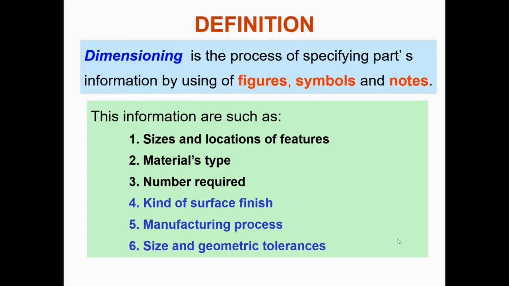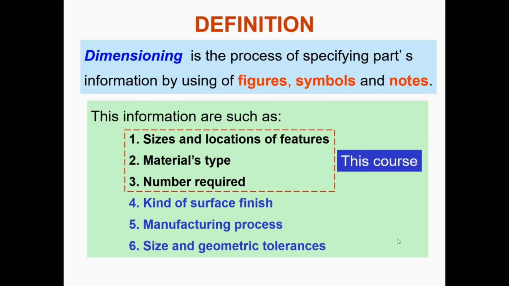We will also look at the material types and the number required. Then, as we advance in engineering drawing, we'll look at the manufacturing process, specifically the geometric tolerances and the sizes that are used in manufacturing. So this lesson is going to focus on the size and location of features, material type, and number required.